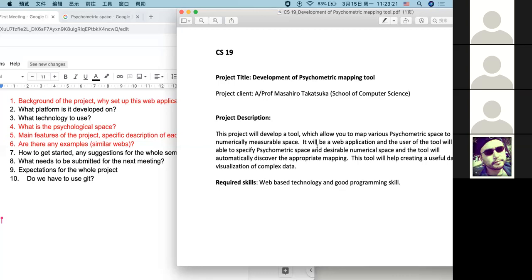But that numerical space is an integer space. There's no 1.1 defined. There's no 2.3 defined.